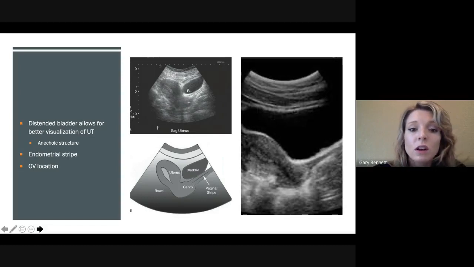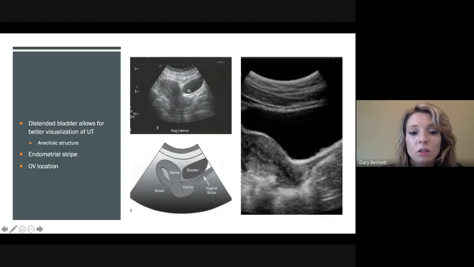So if we're starting, just look at this. It has a little 3 next to it, the image at the bottom, just to help orient and remember where we're at here. We can see the bladder, that anechoic structure, so it's going to show up black essentially on the ultrasound screen. And then just behind that, you'll see the cervix, which leads into the uterus.